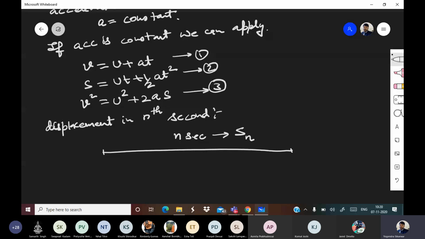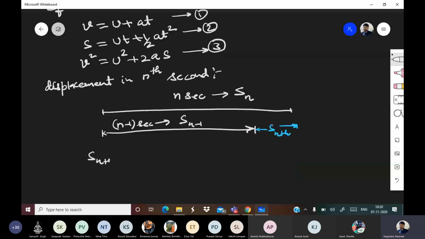Now in n minus 1 seconds, it travels Sn minus 1. So the remaining will be S nth. So S nth is equal to Sn minus Sn minus 1.